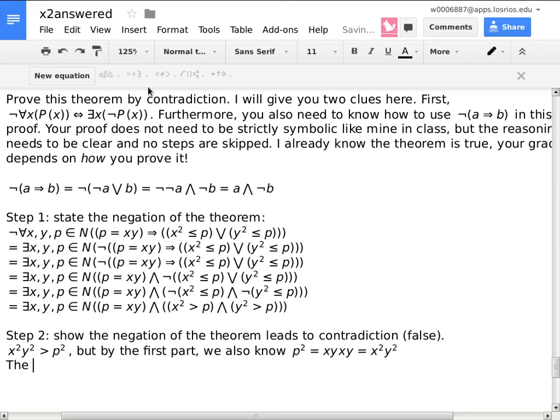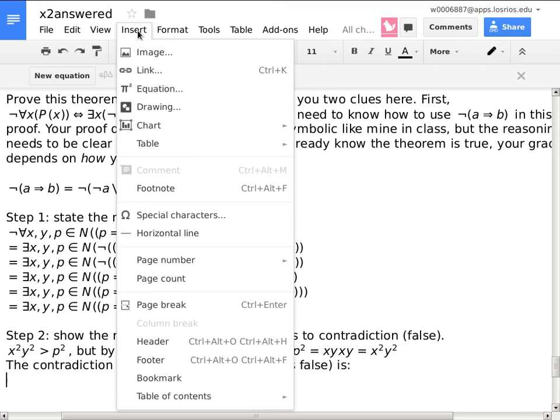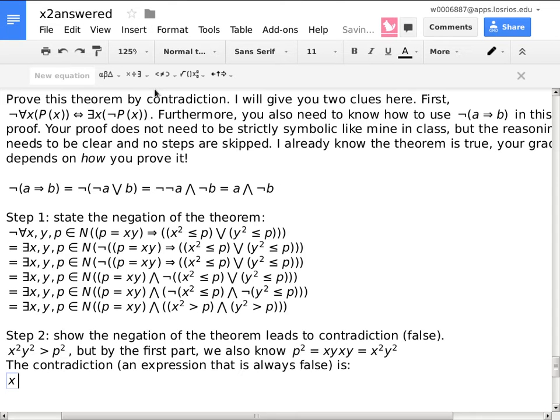So the contradiction, an expression that is always false, is the following. We use p squared as a connection, and then we can now say x squared y squared is greater than itself.